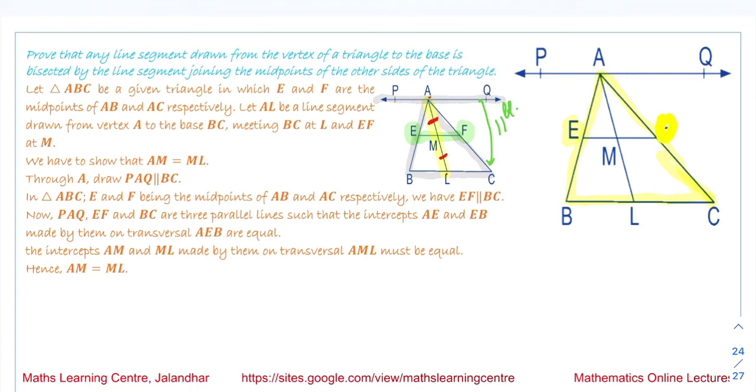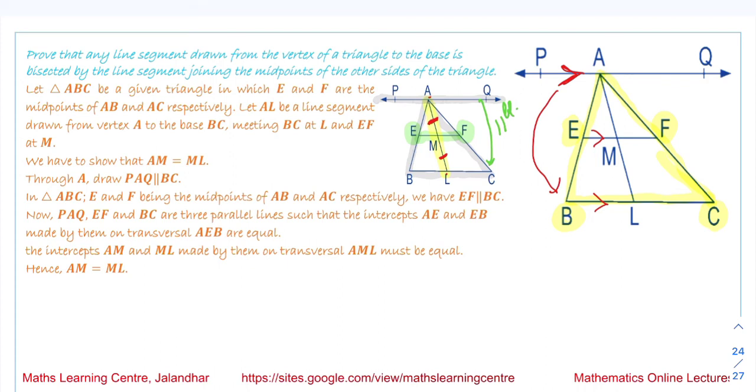E and F are the midpoints of the sides AB and AC, so EF and BC are parallel to each other. By our construction, PQ is already parallel to BC. It means these three lines, PQ, EF and BC, are parallel to each other.